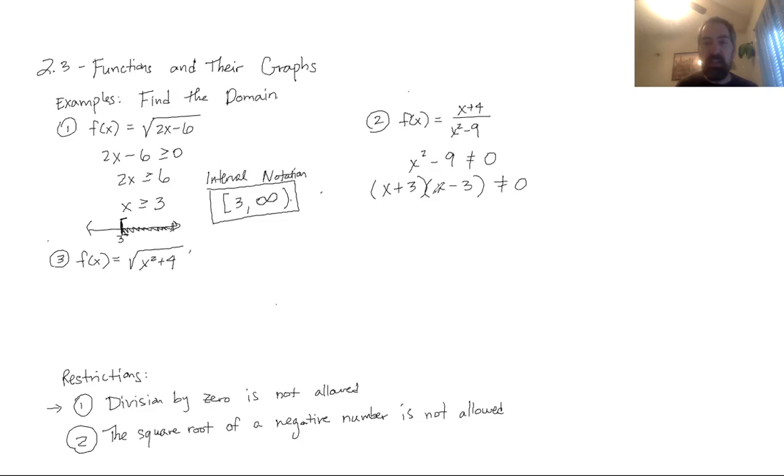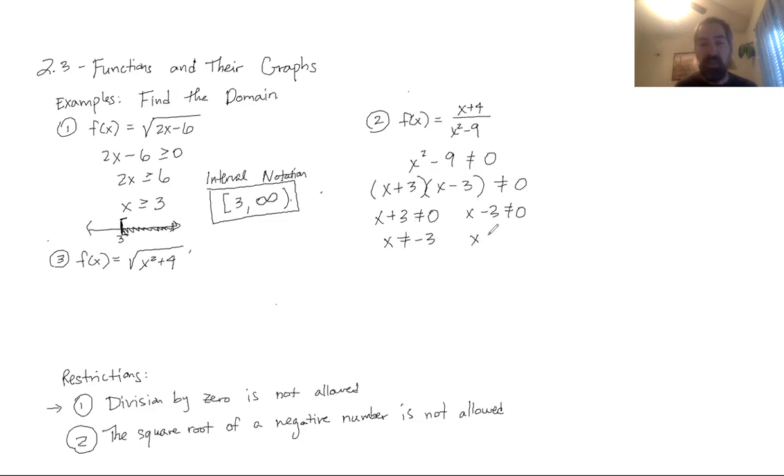X plus 3 times x minus 3 cannot be equal to 0. So we set each of these factors not equal to 0. Okay, so x plus 3 cannot equal 0 and x minus 3 cannot equal 0. We can solve each of these equations for x.